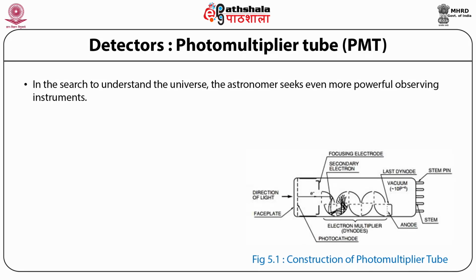In the search to understand the universe, the astronomer seeks even more powerful observing instruments. Today, progress in optics, thin mirrors, materials, light and rigid structures, and computer sciences, with image quality improvement in real time, allows giant telescopes to flourish around the world.